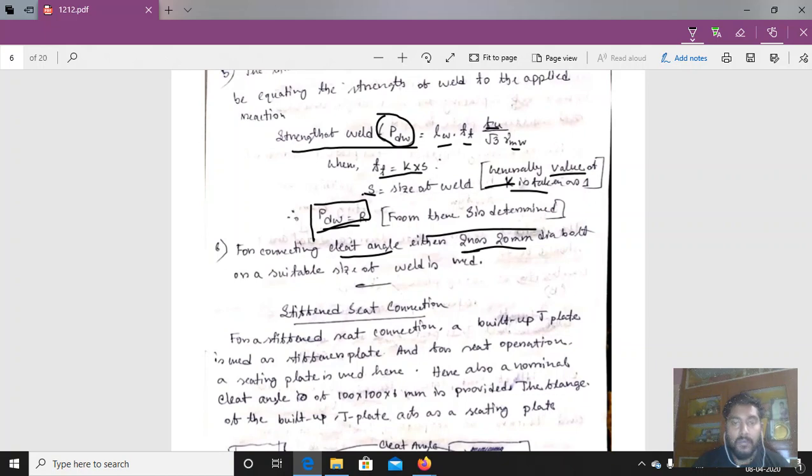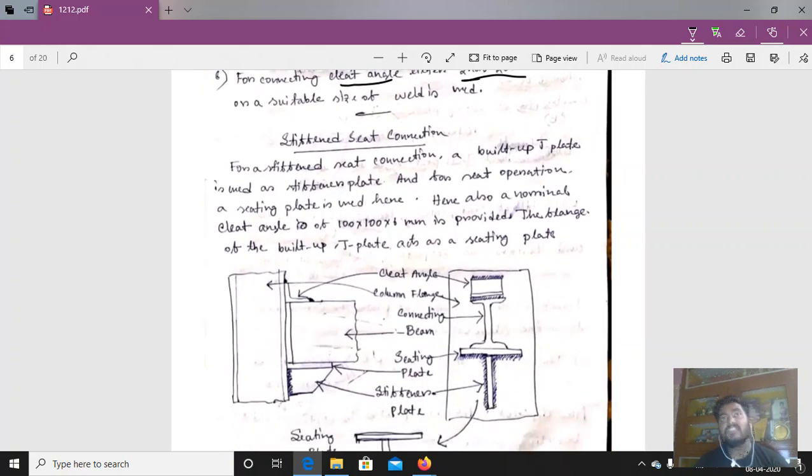Stiffened seat connection is generally similar to the normal bolted connection, so no example has been shown here. If you want to do an example, you can use the example that I have done for the normal stiffened seat connection and design that connection here also, but using a weld connection.